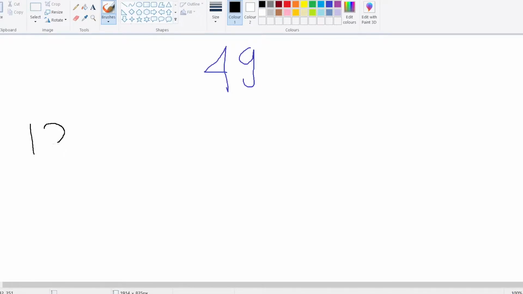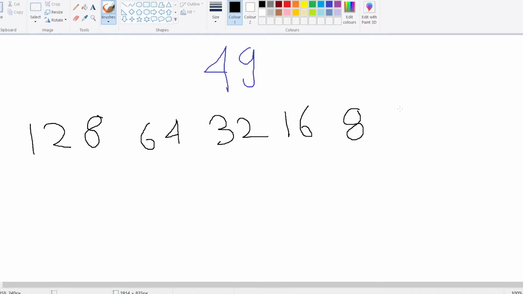We have 128, then 64, then 32, then 16, then 8, 4, 2 and 1. So here are the 8 digits which we can consider to be 8 bits.